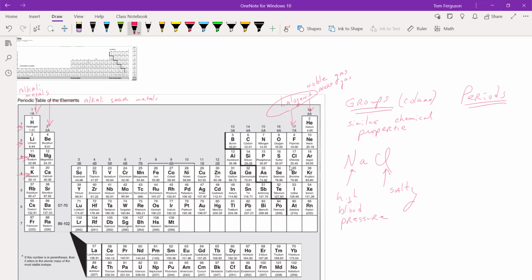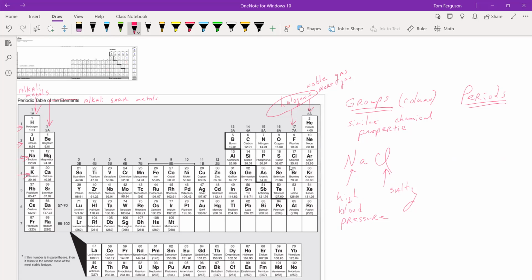There's some trends I'm going to talk about in a minute. Basically, when you go across here, the atom size gets smaller. And also the electronegativity, which I'm going to talk about again, gets greater. But there's no chemical similarity like there is in a group. Periods go by period 1, 2, 3, 4, up to 7, or you'll see them as shells. Just like a clam shell. Shells 1 through 7. So we have periods and groups.